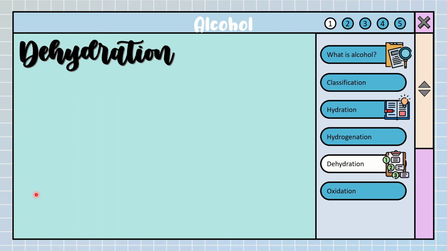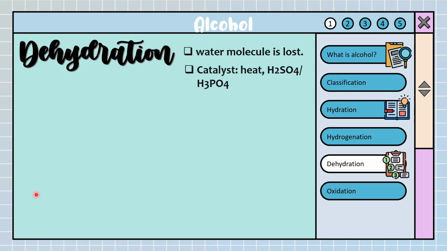From the word itself, de means removal and hydro means water. So this reaction simply is the removal of water. The catalysts that we need are heat and either sulfuric acid or phosphoric acid.